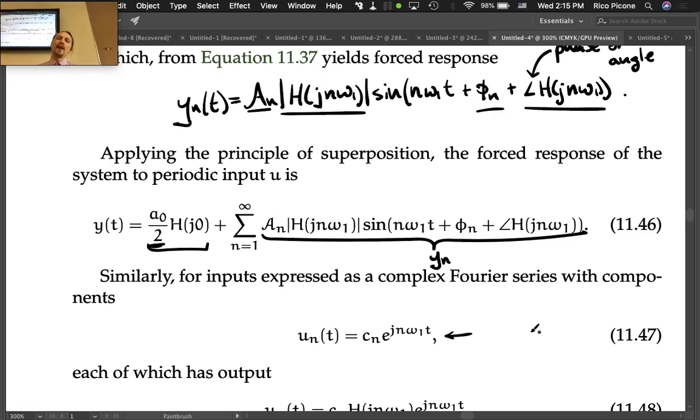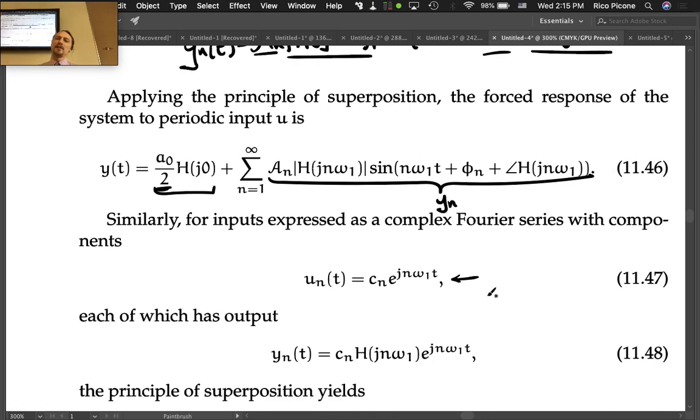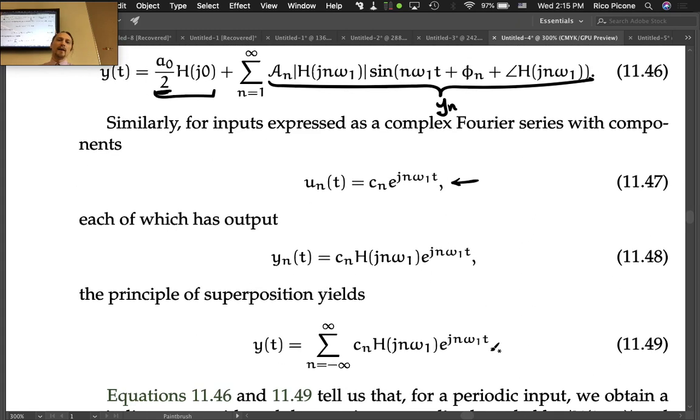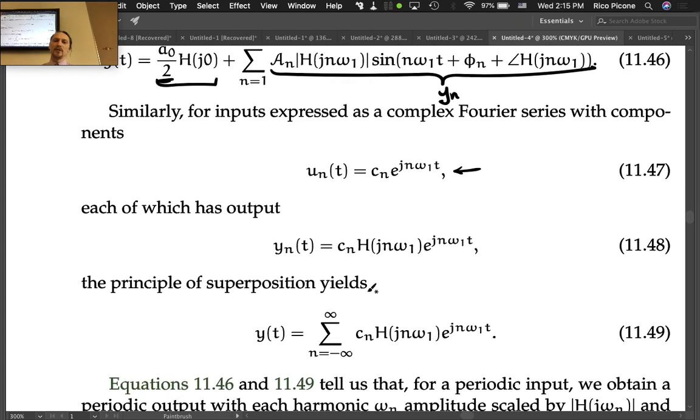But the Fourier series expressed in terms of the complex exponential is also a sinusoid, just expressed mathematically a little bit differently. So if that's our input, the corresponding output is this, where instead of needing to use the magnitude and the phase separately, we can just use the complex value of H, which is kind of nice. And the principle of superposition yields this as the solution.